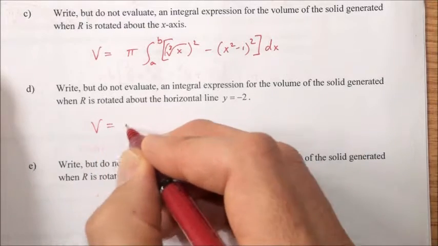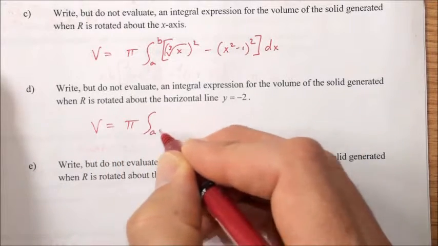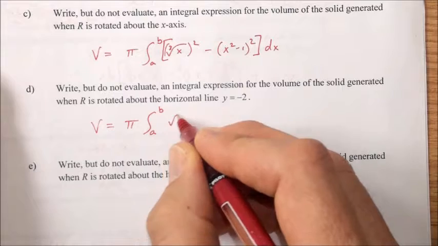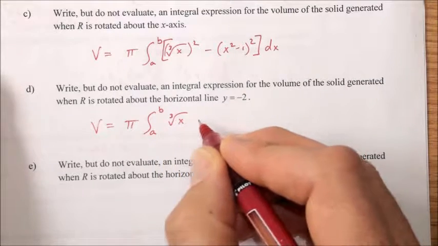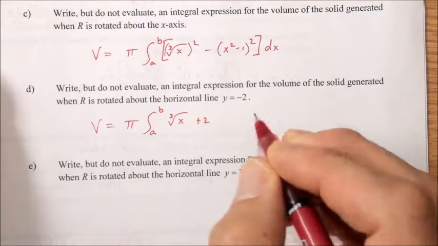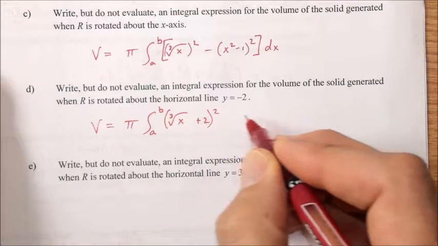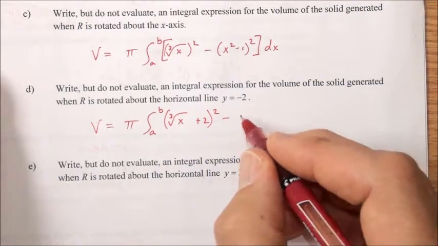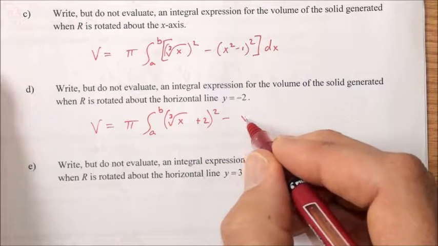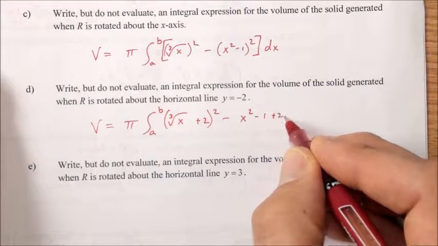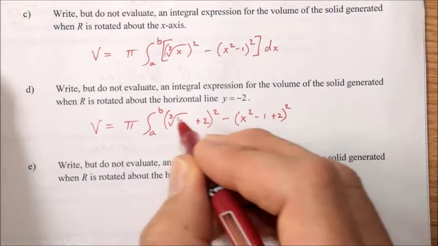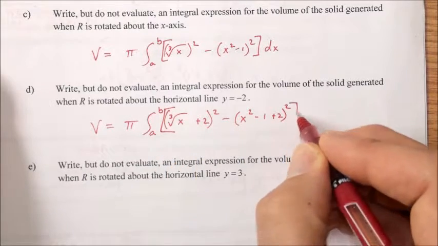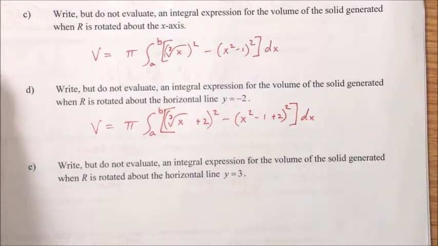So volume is pi times the integral from A to B of cube root of x plus 2, which is not under the radical, wrapped and squared, minus x squared minus 1, but then we're going to add 2. So x squared minus 1 plus 2, that's also wrapped and squared, and the whole thing receives dx.